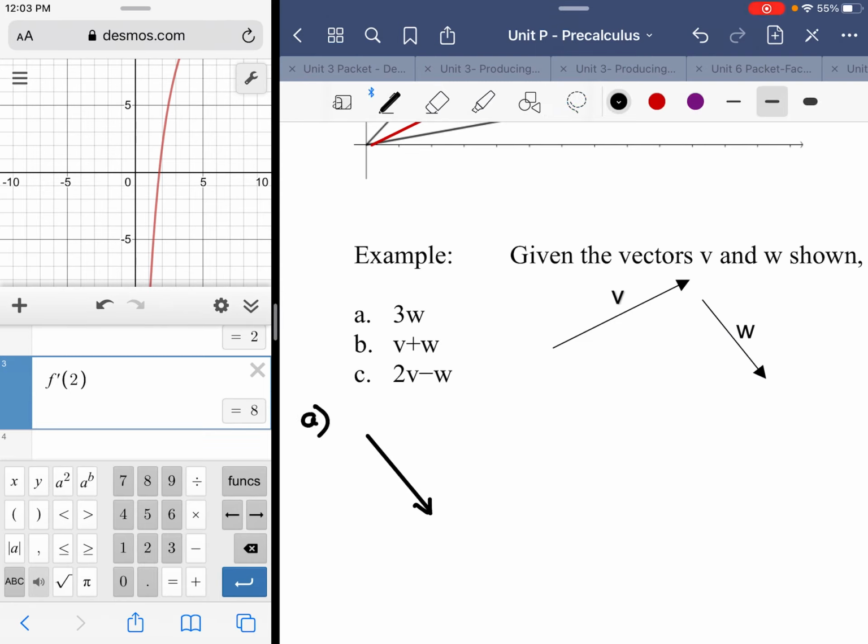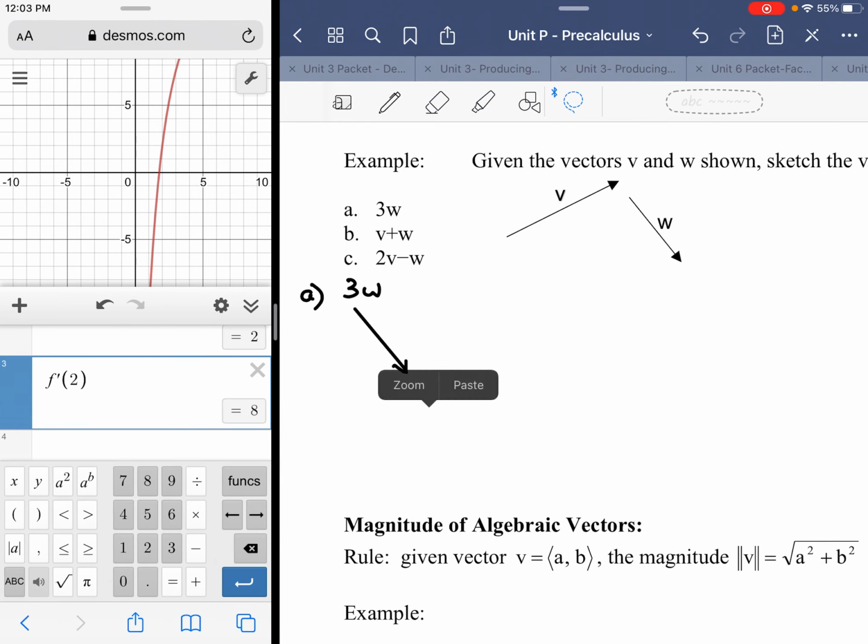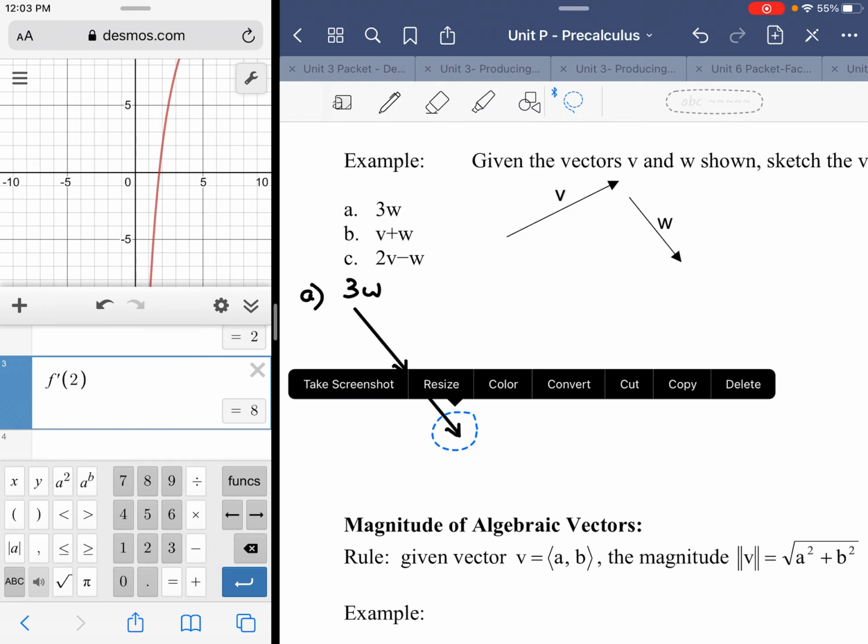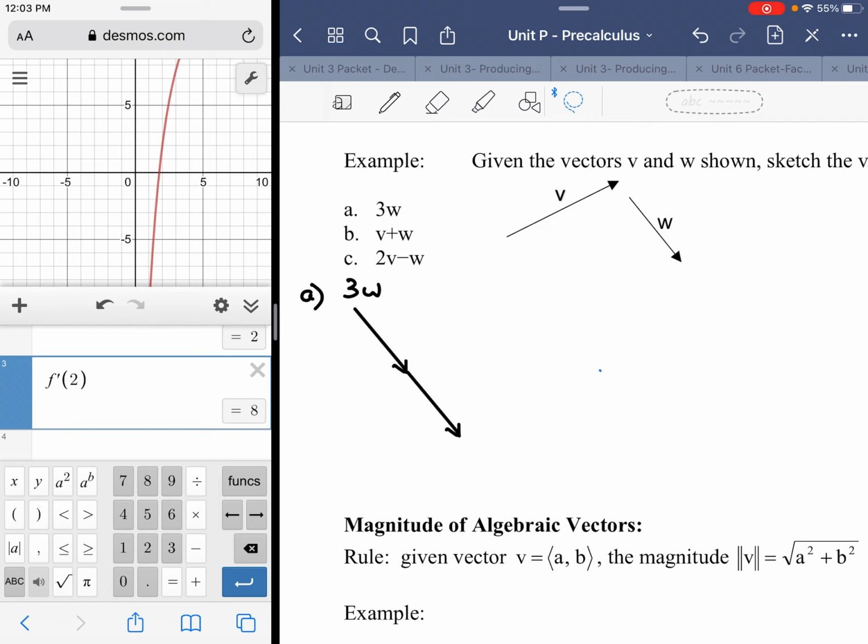A little bit of variation is okay. If I want 3w, question A, then all I would do, using the same direction, is triple the length of that vector.